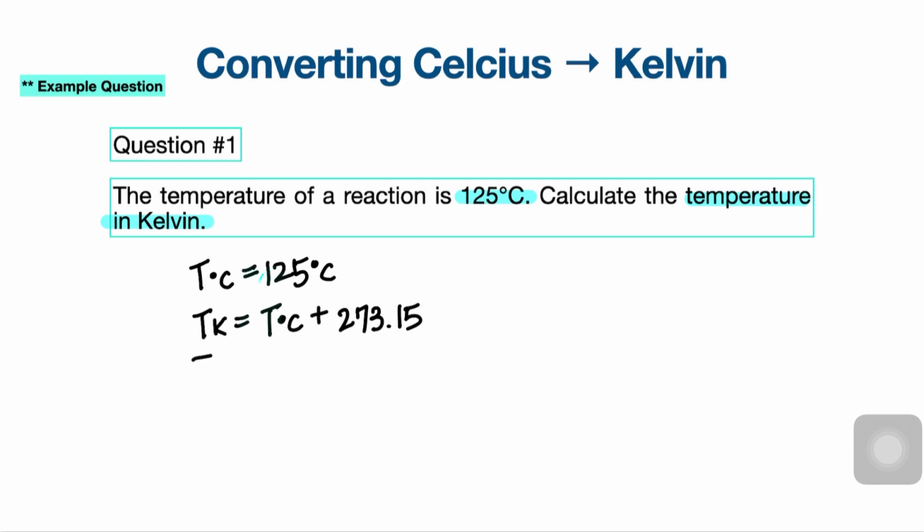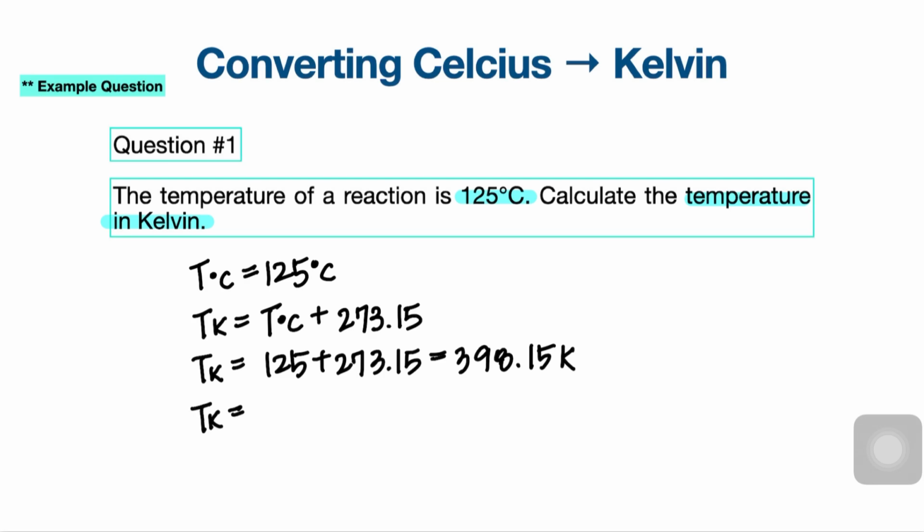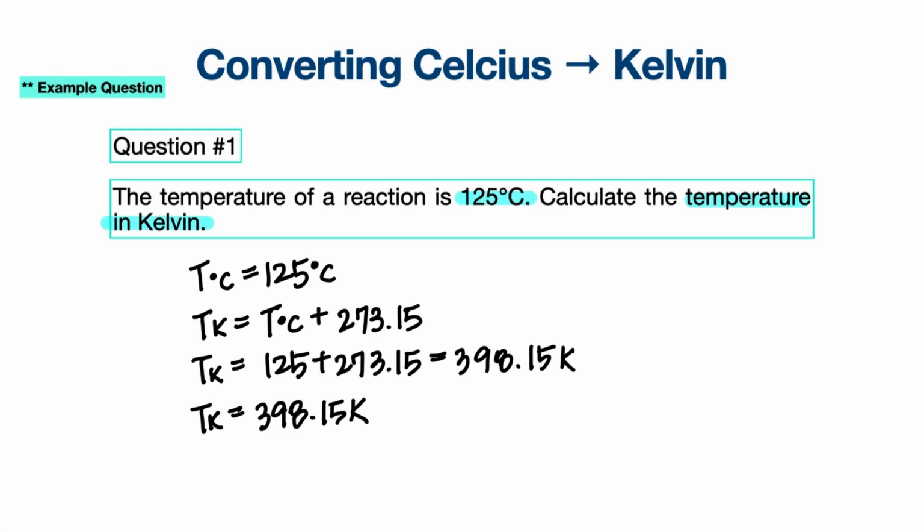So if we substitute the temperature of the reaction in Celsius, we can say that the temperature in Kelvin would be equal to 398.15 Kelvin. So that would be the answer for question 1.